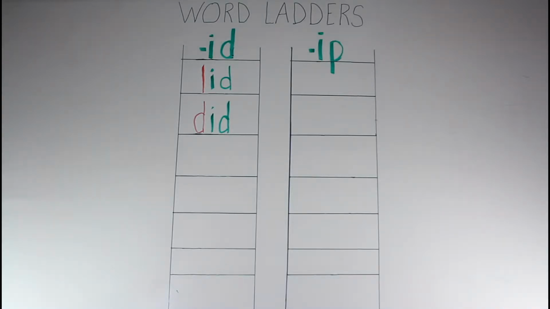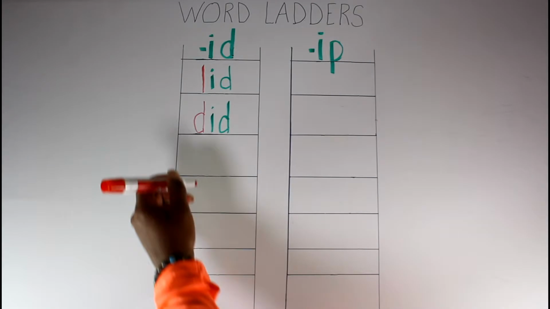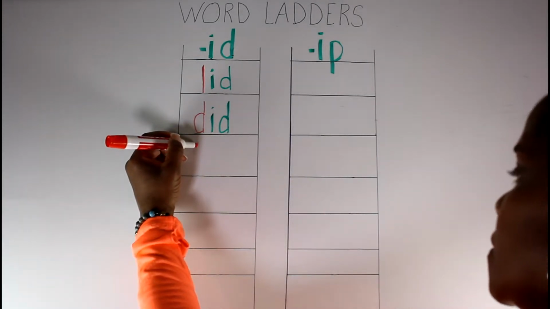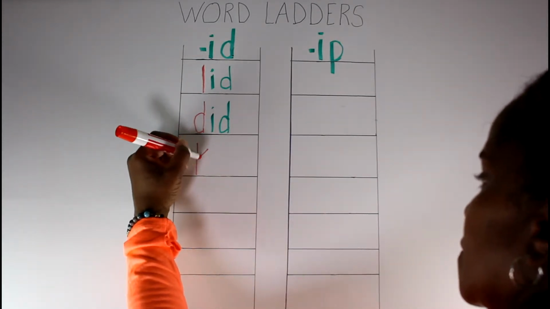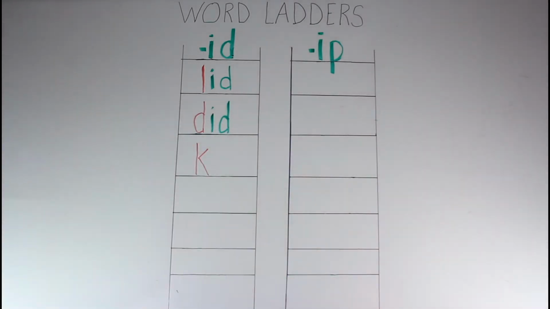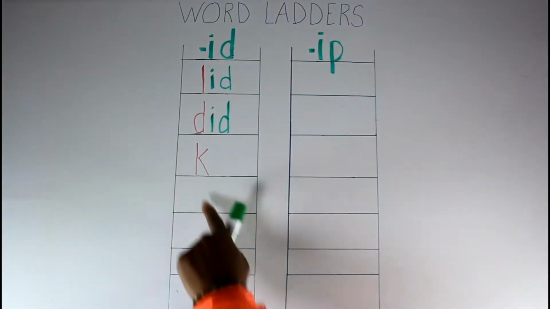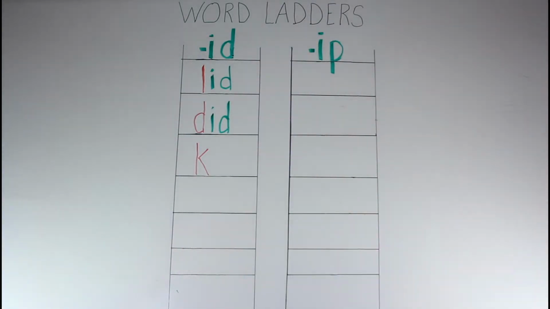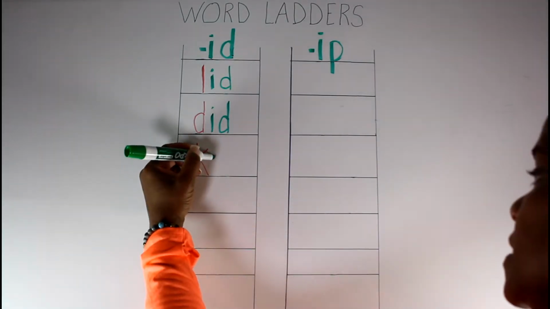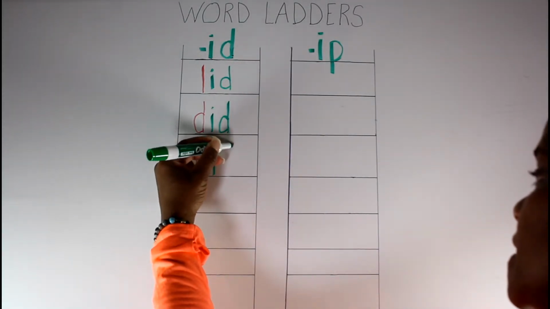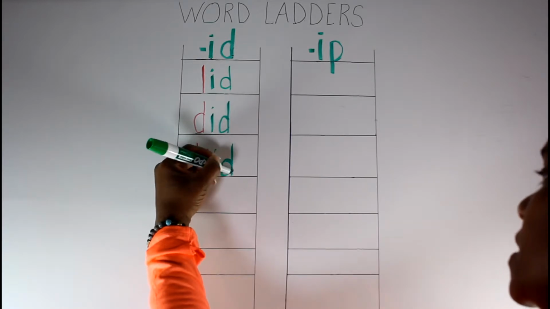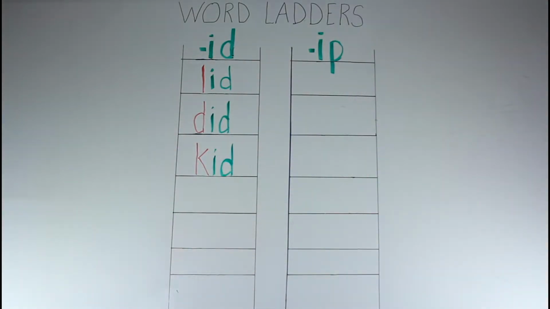Our next one, who can think of one for me? If you said kid, you said kid, and that would be right. That is a K, and we add ID to that K, and we get kid.